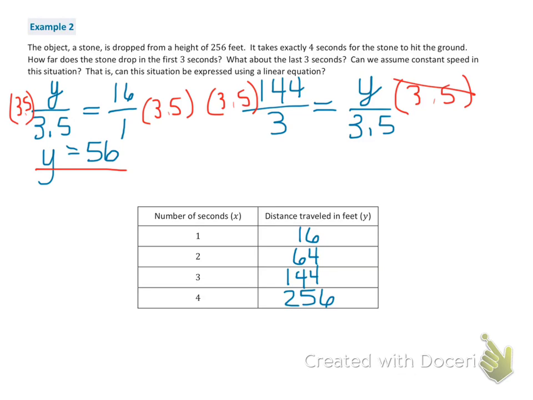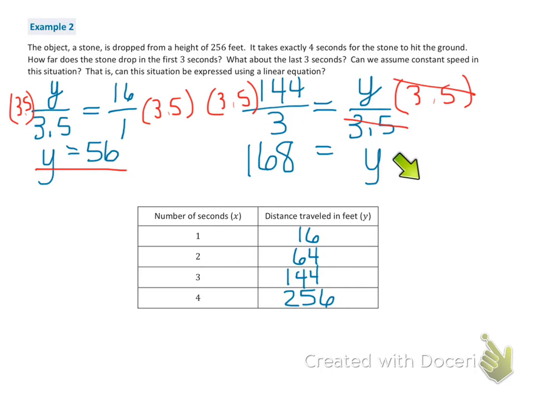And get that y equals, and I want 3.5 times 144 divided by 3. And if you work that out, you're going to get 168 for y. Yeah, for the distance traveled. So it would drop 168. Now that seems a little more reasonable, right? At least it's between 144 and 256.